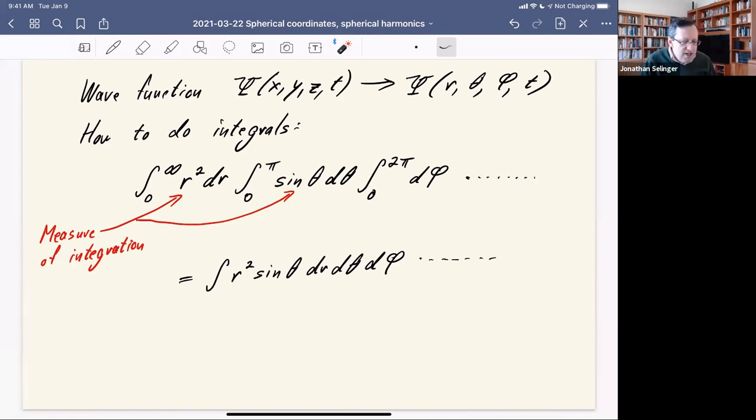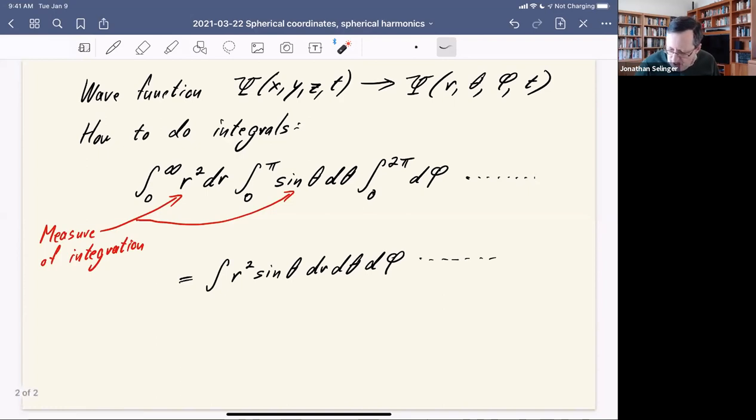It's more complicated than Cartesian coordinates. It's not that complicated, but it's more complicated because a change in r or a change in theta covers different distances in 3D space. It covers different amounts of territory depending on where you're located.